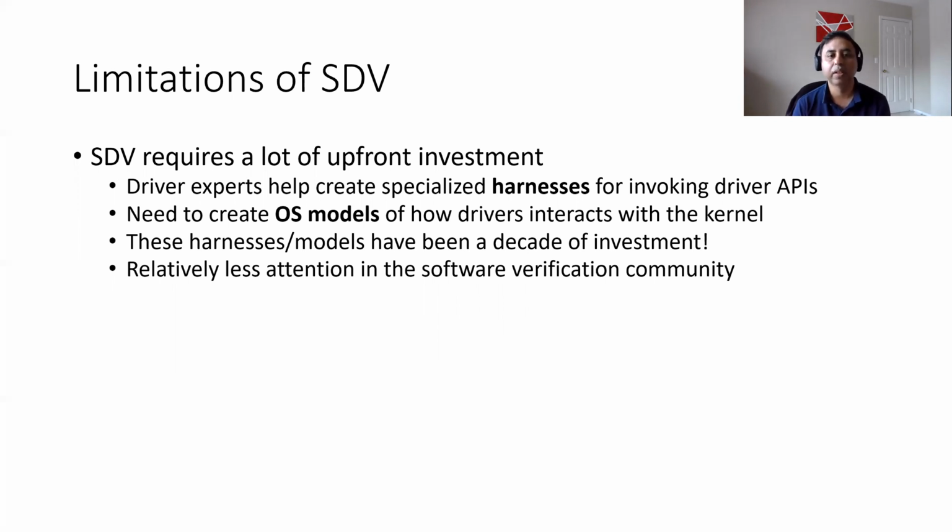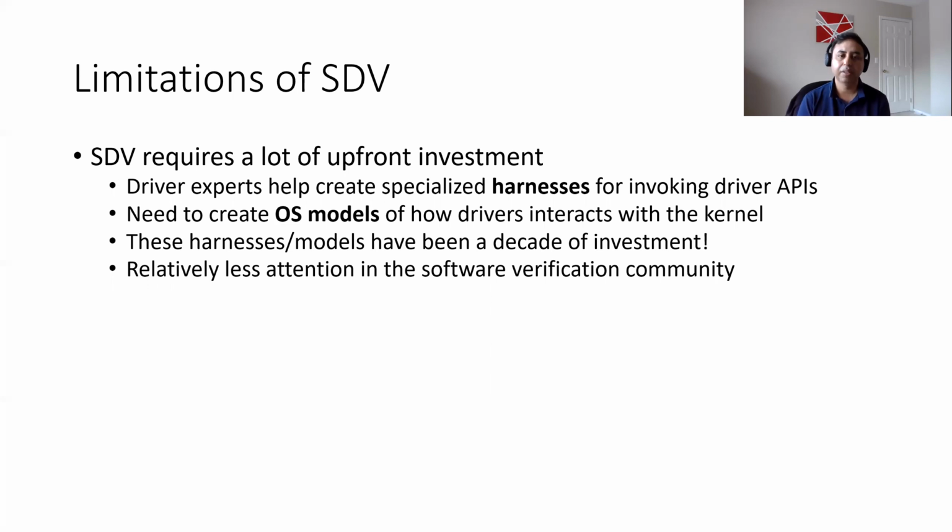The other part of the story is you also need to write models of how the driver interacts with the kernel, because SDV was primarily used towards finding these interaction bugs between drivers and the OS. And these models and harnesses have to be kept up with the changes in the OS, and it requires a lot of investment. It took a decade of investment to where SDV is today to get these models.